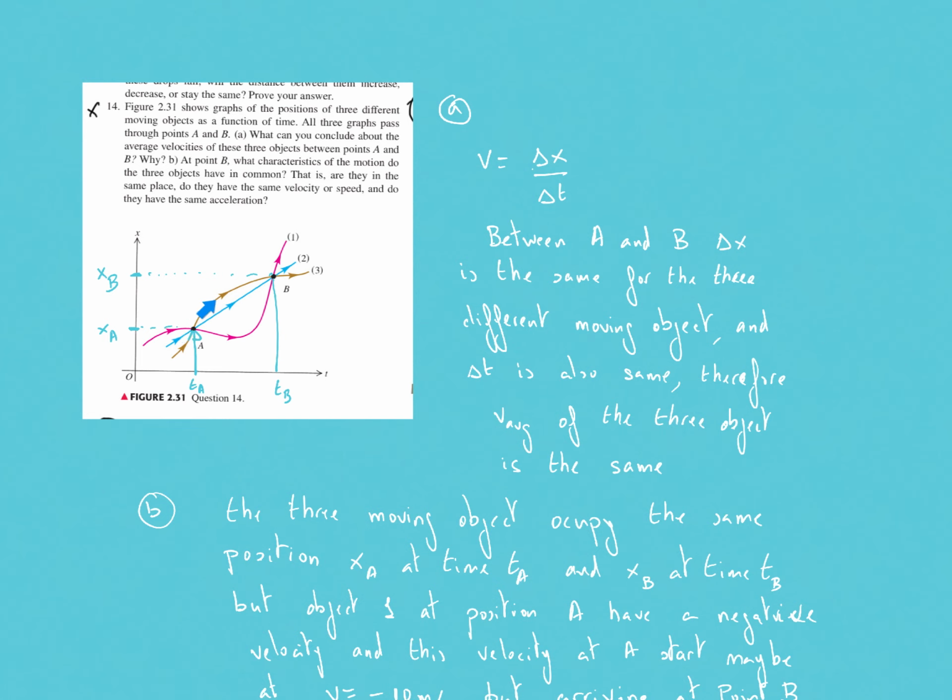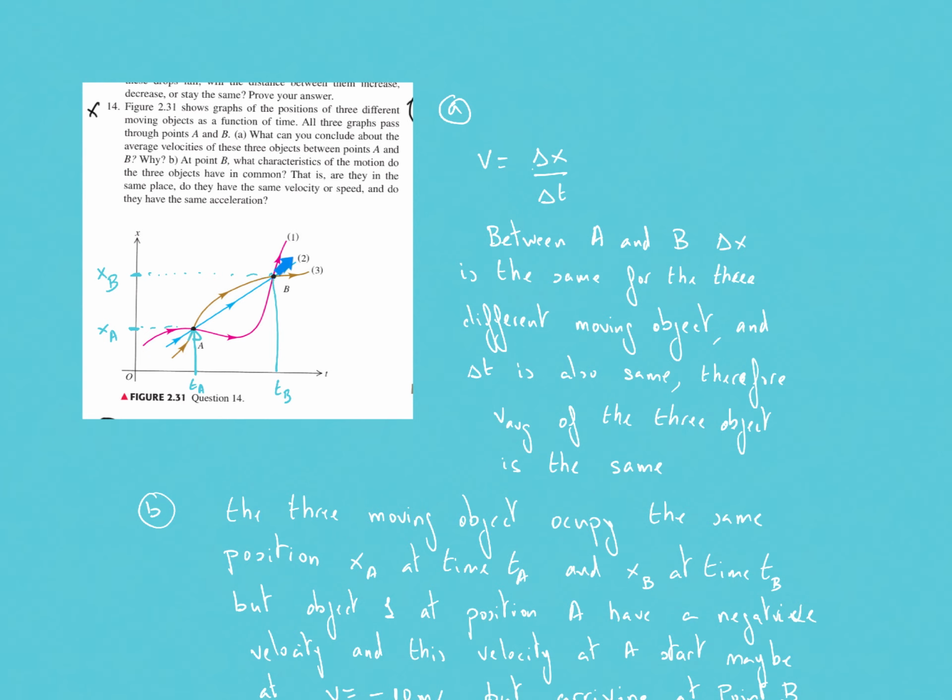As it's moving, the velocity decreases: 10, 9, 8, 7, 5, 3, and 0. So the velocity starts positive and ends at 0. For object 2, the velocity starts at the slope, maybe 10 meters per second, and it is a constant slope. And at the point B, the velocity is 10 meters per second.